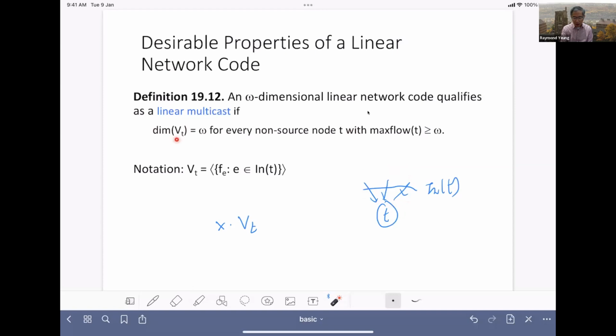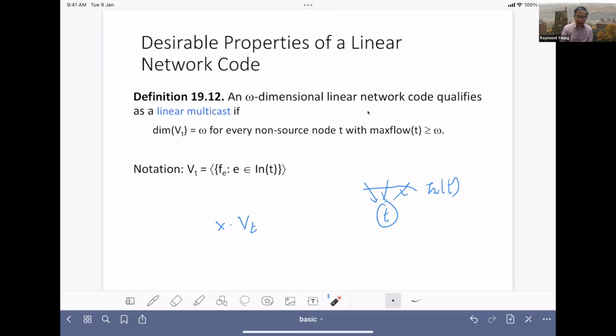If the dimension of VT is equal to omega, then based on the symbols that you receive on the input channels, you would be able to invert the matrix and compute the source vector X accordingly.